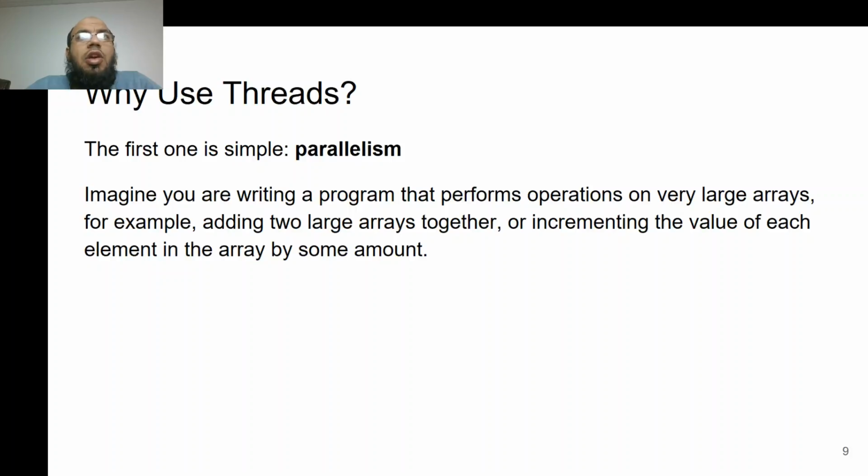So in that case, it's the same data structure, it belongs to the same process, but you're doing the same operation on multiple elements. And if you have 10 cores, 12 cores, and there is nothing else to run, it would be a waste if you just run a single process that goes over the arrays one by one.